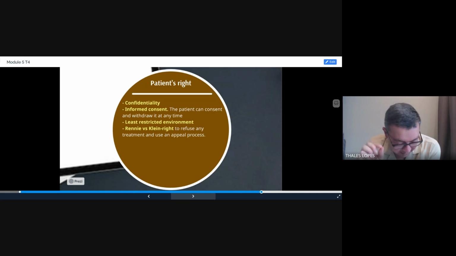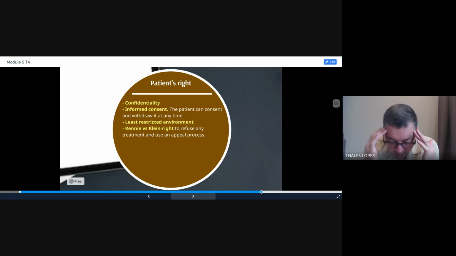So throughout this presentation I have been talking about 3 patient rights. And mostly I said the patient has the right to informed consent and least restrictive environment. But the third one that I also mentioned here and there is confidentiality.